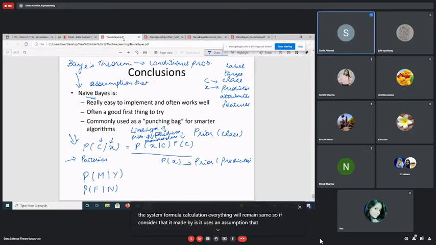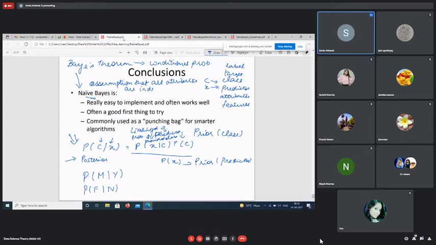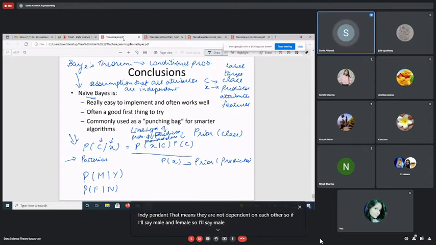that all attributes are independent. That means they are not dependent on each other. So if I say male and female, I'll say male is not dependent on female. If I say age, age has nothing to do with male or female.